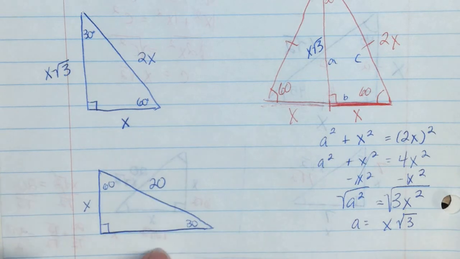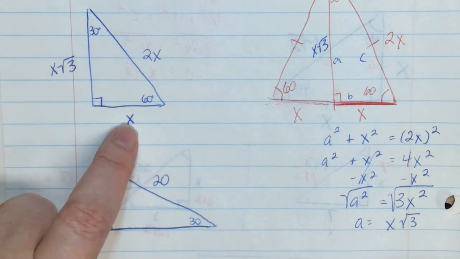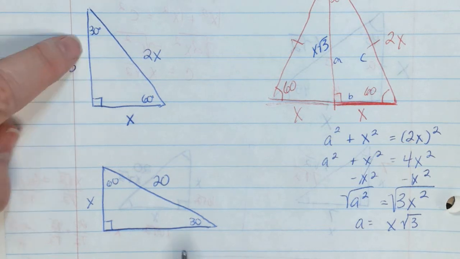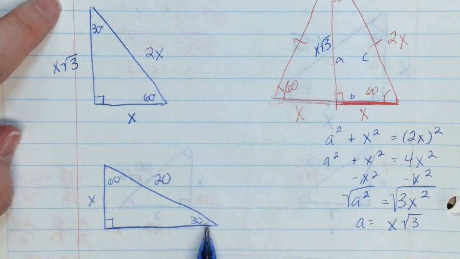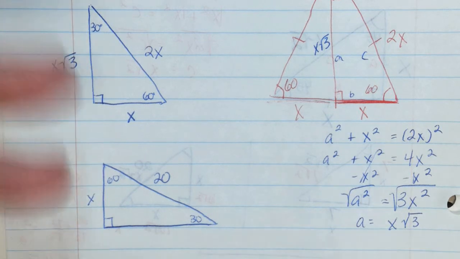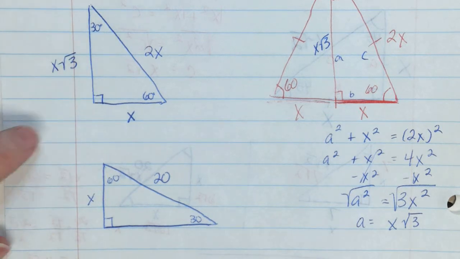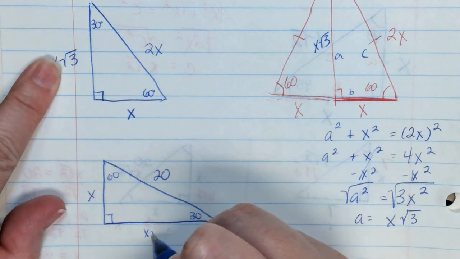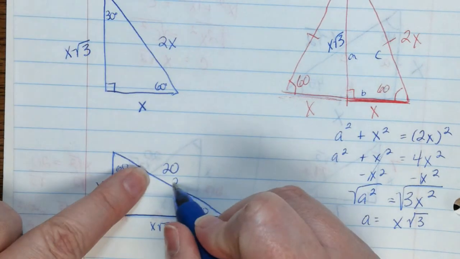Why did I not put X on the bottom even though X was on the bottom here? Yeah, because I turned my triangle around. So if I put X on the bottom, it wouldn't be across from the 30, would it? So always pay attention to that because they can flip that triangle around any direction. Across from the 60, that's our X square root of 3. And across from the 90 is our 2X.